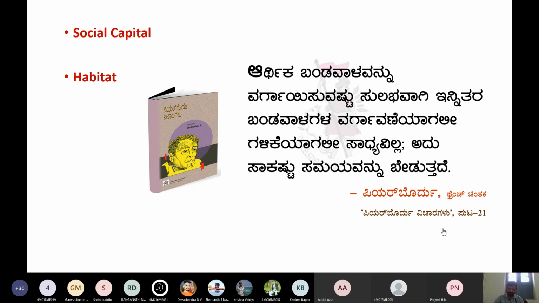Otherwise, if you have money, you can easily transfer it. If you have 1 lakh rupees, you can easily give it to your friend or anyone, but it is difficult to transfer social capital. You cannot transfer your cash to your friend. That is how you can easily understand why social capital plays a very important role.